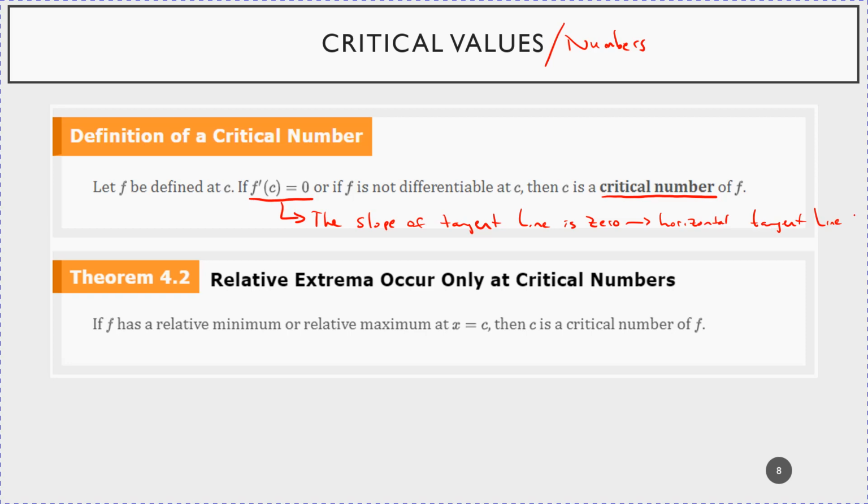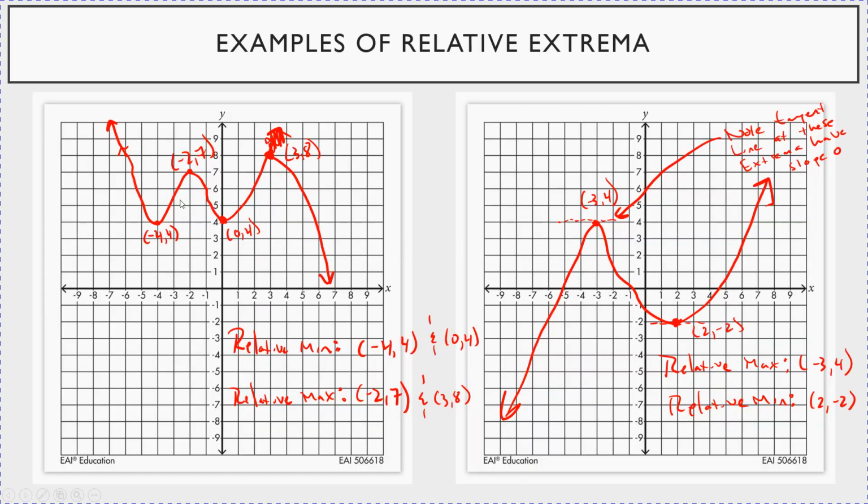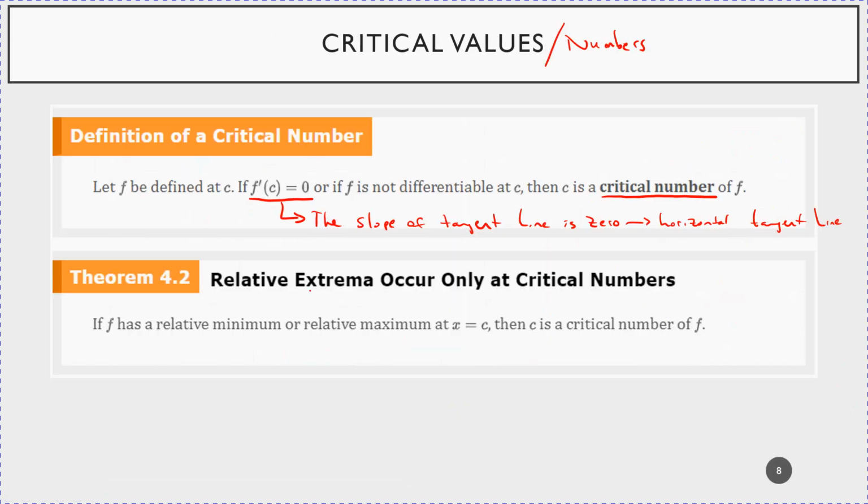Well, what that means is that horizontal tangent lines are only going to occur at valleys or peaks. So they only happen at peaks and valleys. What that means is that this x equal to c is where an extremum occurs.